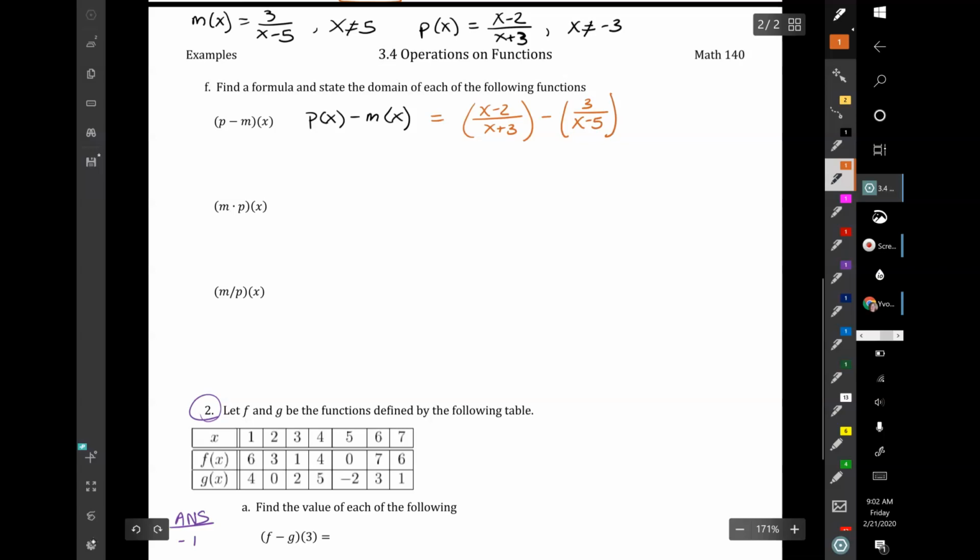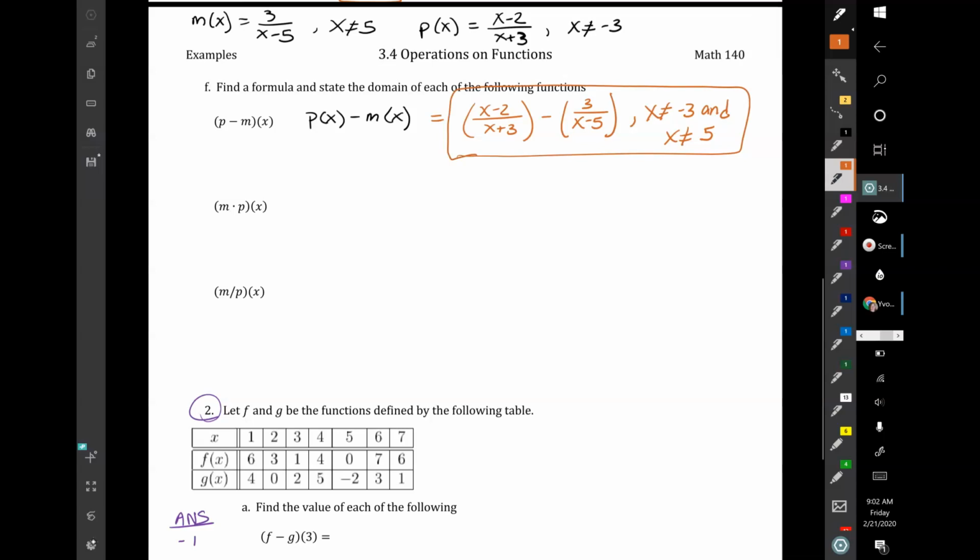We can actually just leave it like that, except our domain is going to be different because we have to write x not equal to negative 3 and x not equal to 5. Make sure you have an and, not an or. So that would be the answer. You can leave it like that.